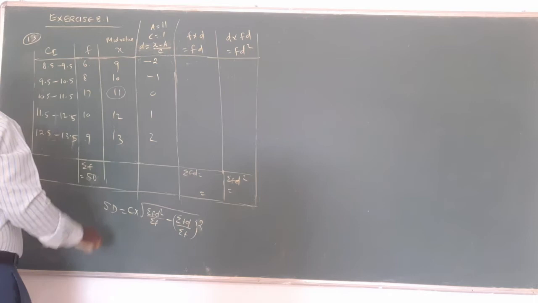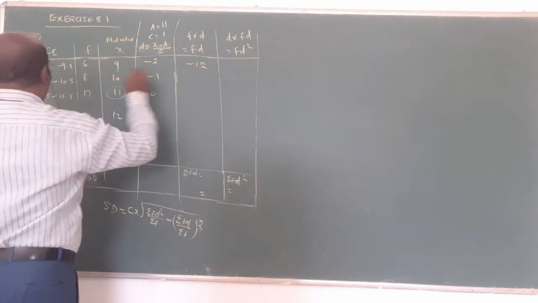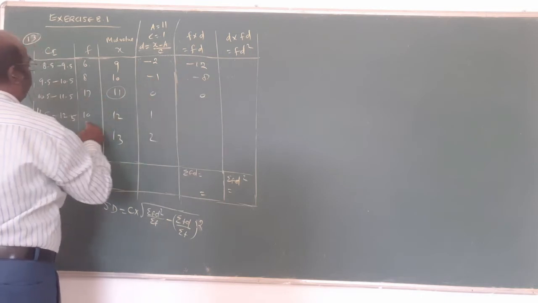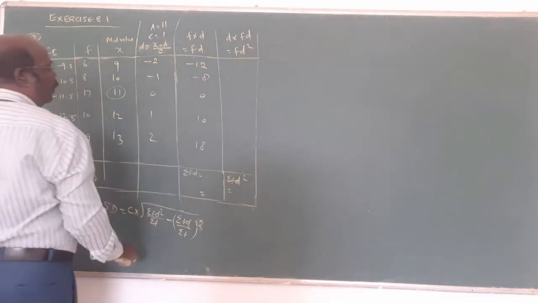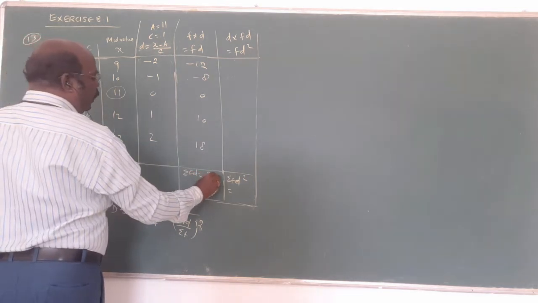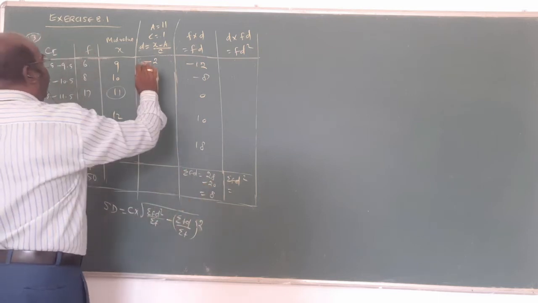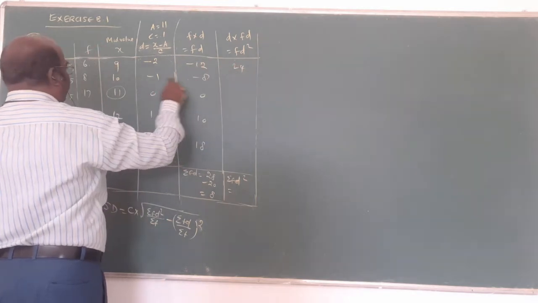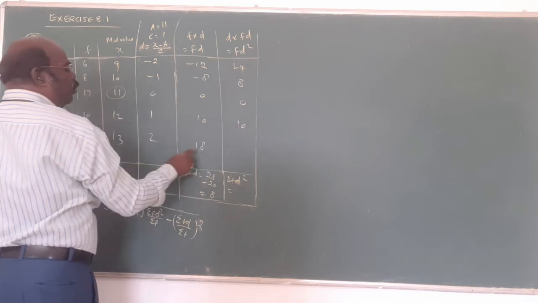Am I right? Now F into D: minus 1, 8 into minus 1, minus 8, 17 is 0, 10 ones are 10, 2 nines are 18. Am I right? Now adding 28 minus 20, that's 8. Now D: minus minus plus 24, minus minus plus 1 is 8, 0, 1 tens are 10, 2 8s are 36.